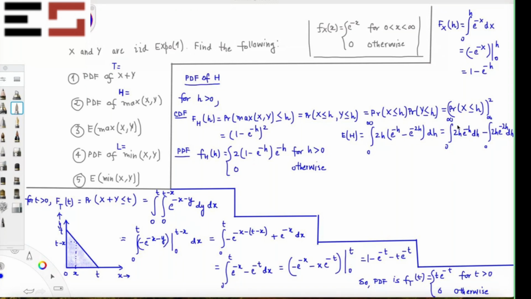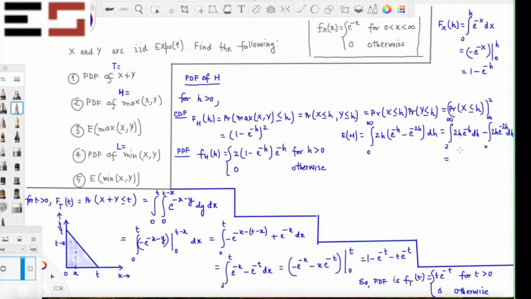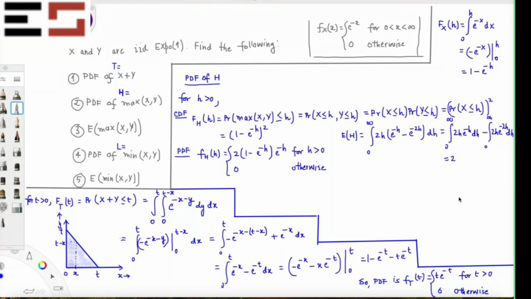So we are going to get 2, right? Because the expectation of exponential 1 is 1. Remember, all the moments of an exponential 1 random variable are 1 factorial, 2 factorial, 3 factorial. So the first moment is 1 factorial, the second moment is 2 factorial, and so on. So this is just 2 times the first moment of an exponential one random variable.